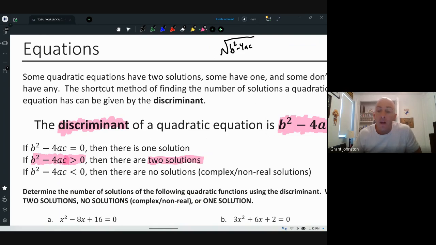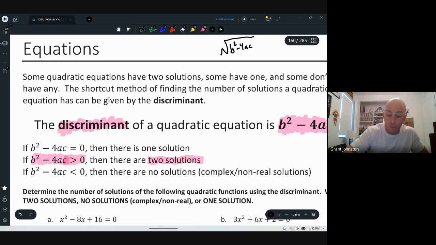Now, if you take the square root of 0, there's no positive and negative 0. It's just singular 0. So when b squared minus 4ac equals 0, then there's just one solution.